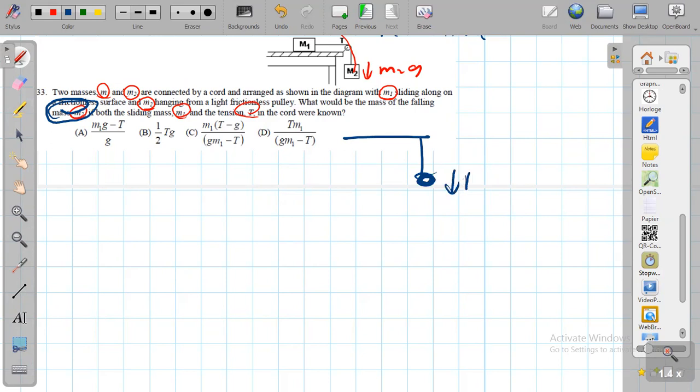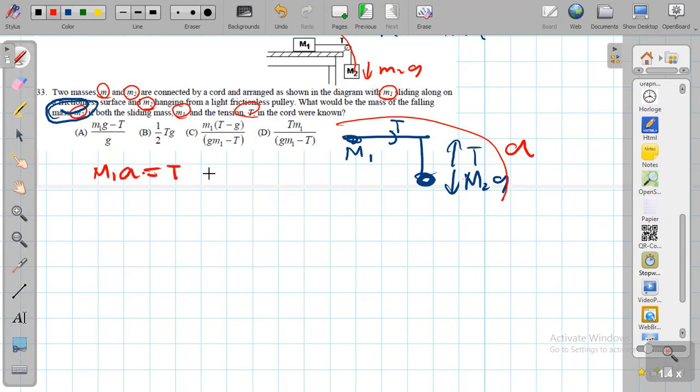It is like M2G and the tension is upward. M1 is going to get accelerated. Overall acceleration is A. For this one, I can write it like M1A equals just T. Equation number 1.